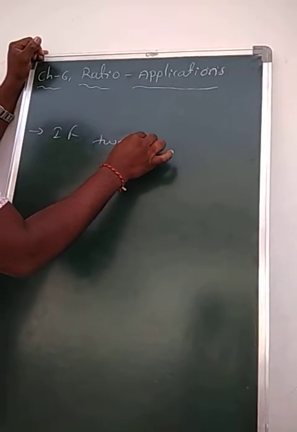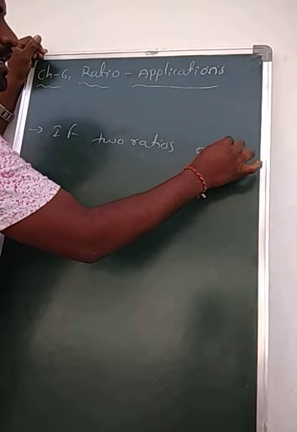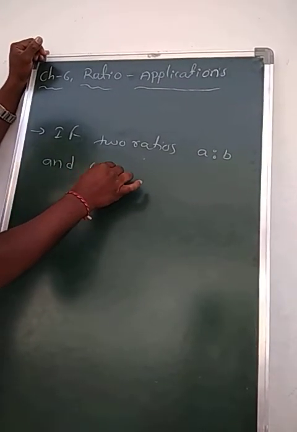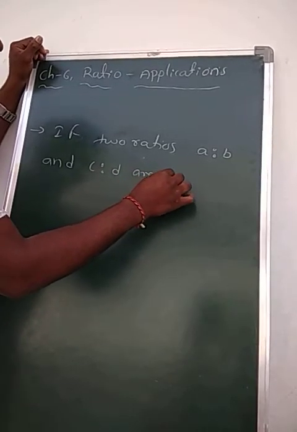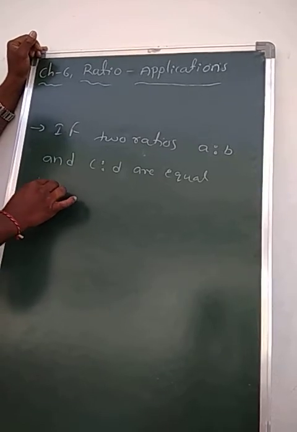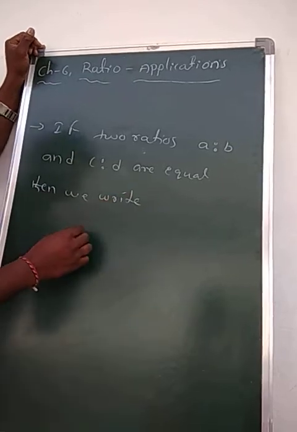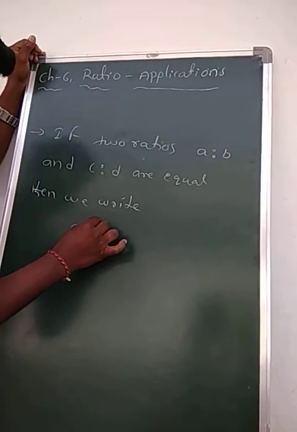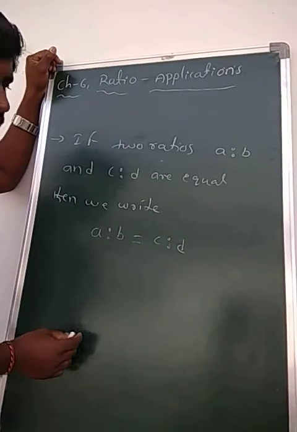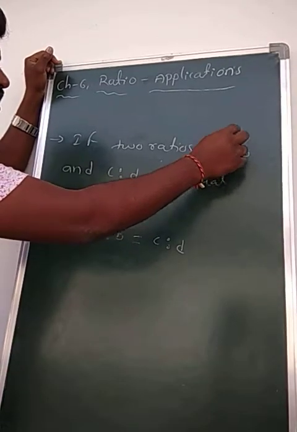If two ratios A is to B and C is to D are equal, then we write like this: A is to B is equals to C is to D. The two dots are read as "is to".